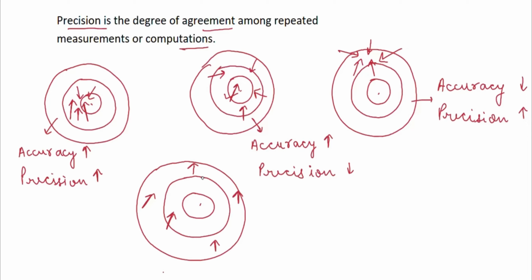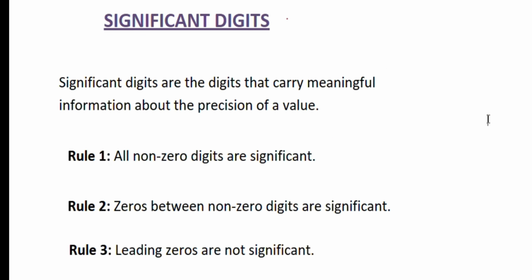In numerical analysis, we always try to avoid algorithms that produce results like this, which represents lower accuracy with lower precision. Hence, we can conclude that accuracy is all about correctness and precision is about consistency.